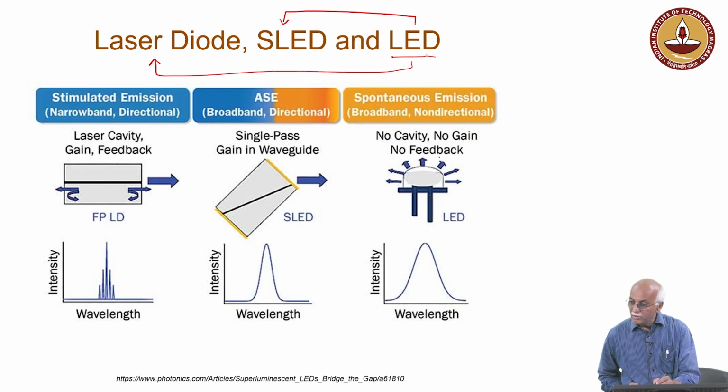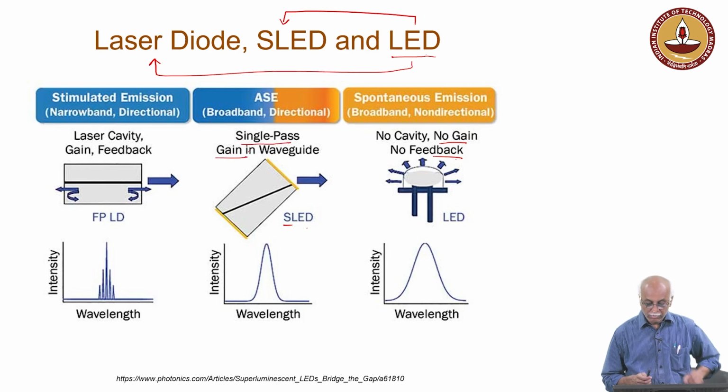There is no gain, no feedback. You may not know what exactly it means; we will try to see it in the next few minutes. And then there is the SLED, superluminescent light emitting diode, which is based on the principle of single pass gain.